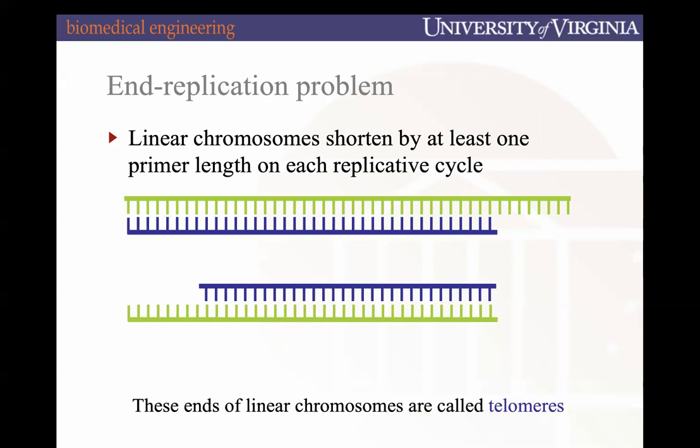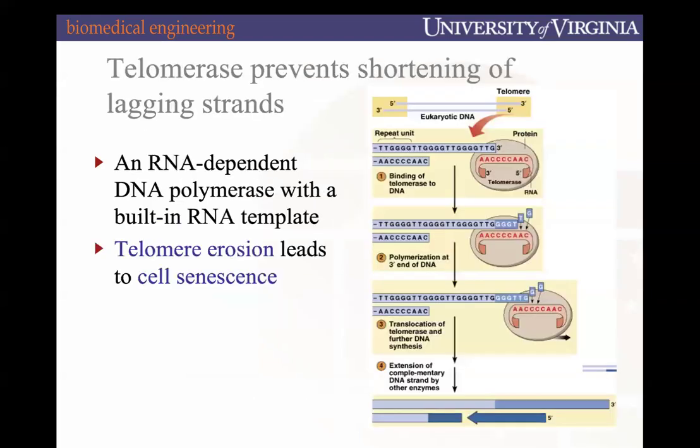The problem of telomeres shortening over the course of replication needs to be addressed. We have a class of enzymes that help repair our shortened telomeres to ensure that this end replication problem doesn't persist.